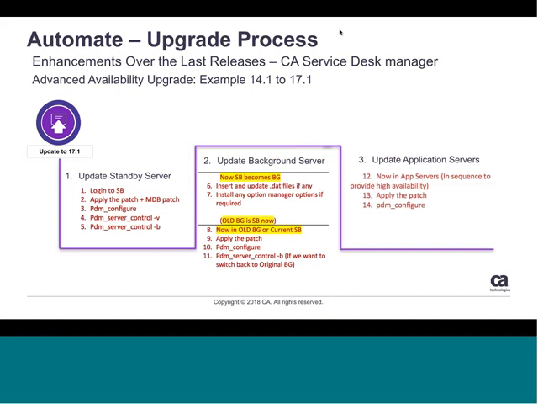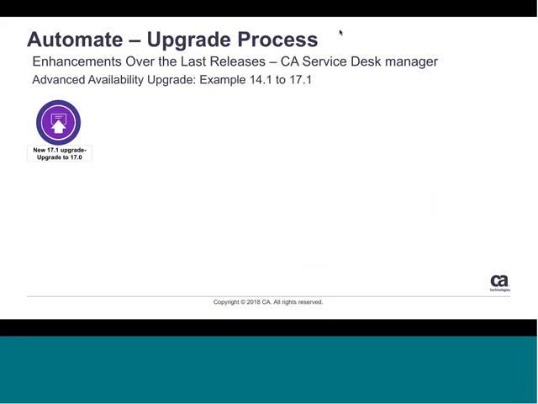Now, the enhancement we have done is that the 17.1 installer is intelligent. It first detects that it needs to upgrade to 17.0 and then updates to the minor version of 17.1. Not only that, it automates all the steps for advanced availability, so you really do not have to follow this two-stage, multiple-hop process to upgrade from a 14.1 version directly to a 17.1 version.